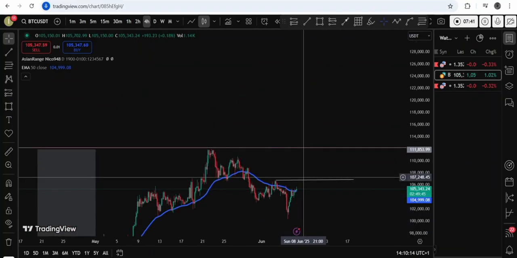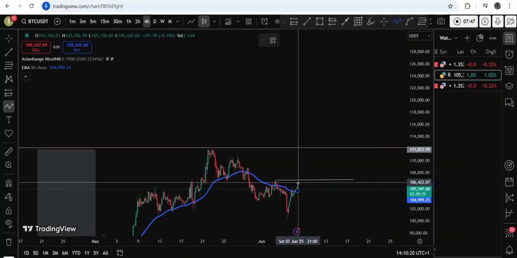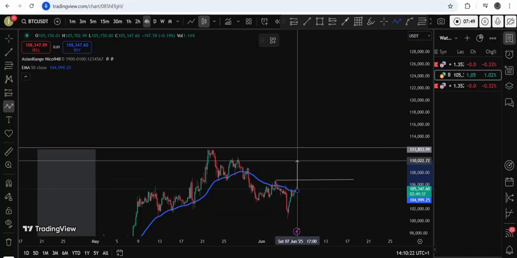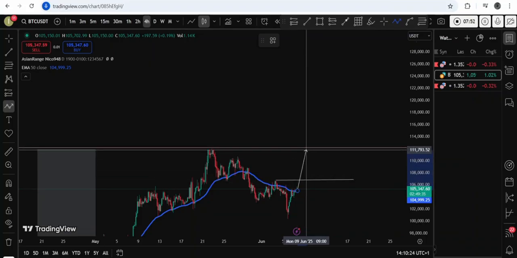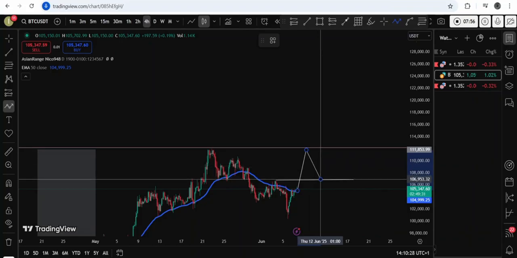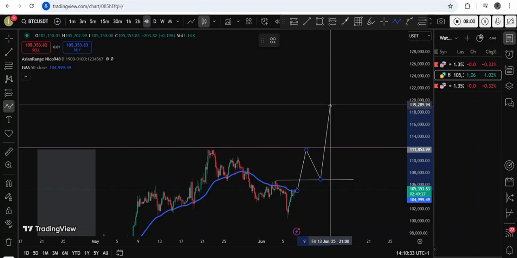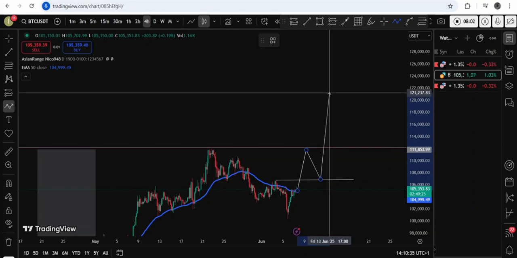Then we can go in after Bitcoin breaks the market structure and the 50 EMA with a momentum candle. I'm expecting Bitcoin to come around here and come back, retest this zone, then continue to the upside to around 120. That's what I'm expecting for Bitcoin this week.